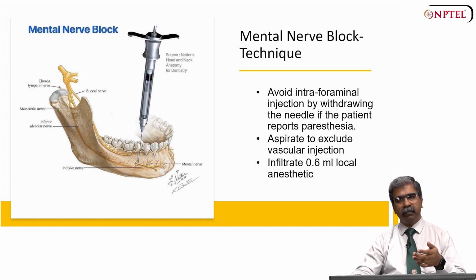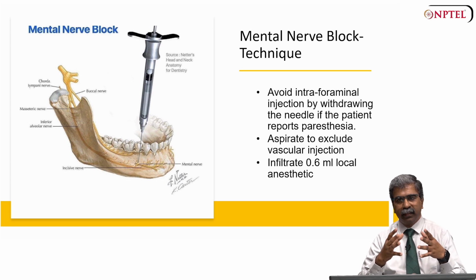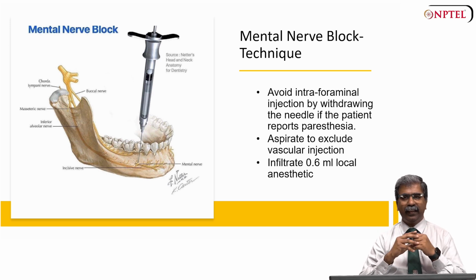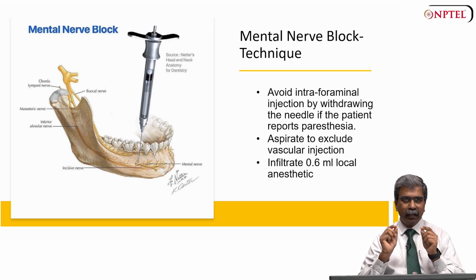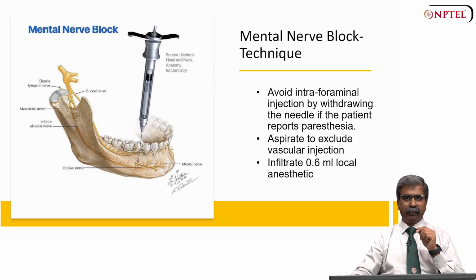And inject 0.6 ml of local anesthetic slowly into the targeted area over 20 seconds. That is again a very important point to note. It has to be a slow injection for a painless procedure, and also to avoid systemic complications.